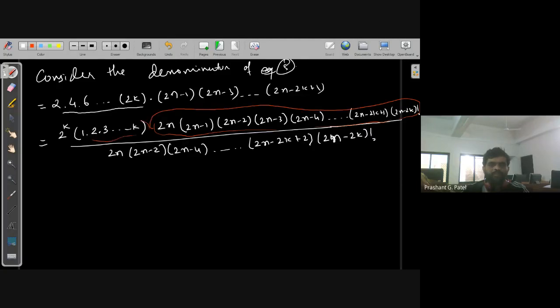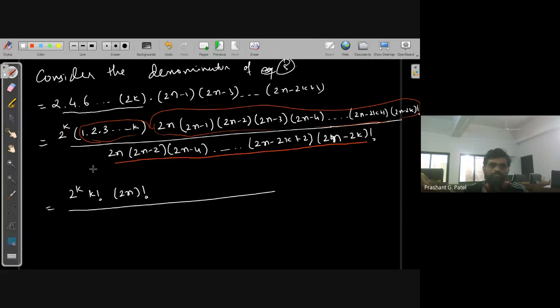This is k factorial. And you just observe, if you take 2 common from each and every quantity of this denominator, then it is 2 power k. What is left? Let us write down. That is 2 power k into k factorial, and this is 2n factorial in the denominator now.